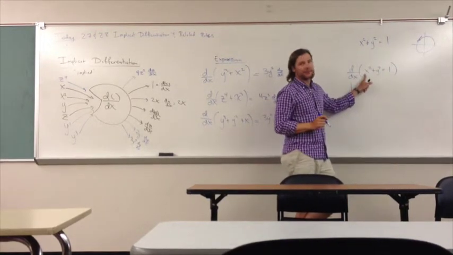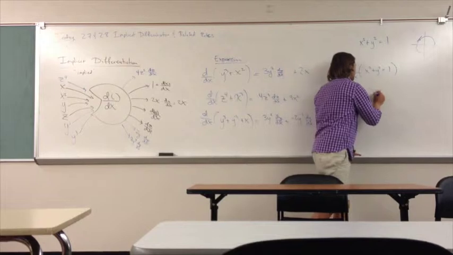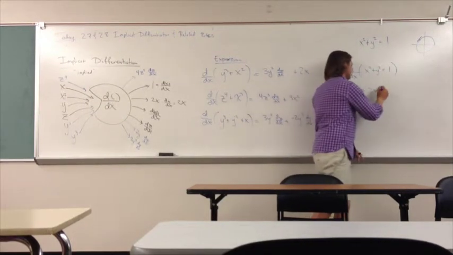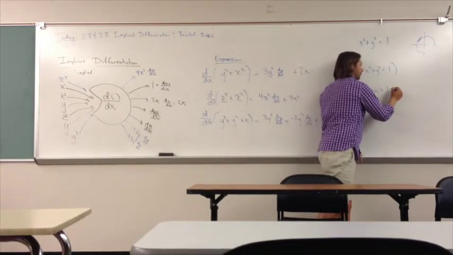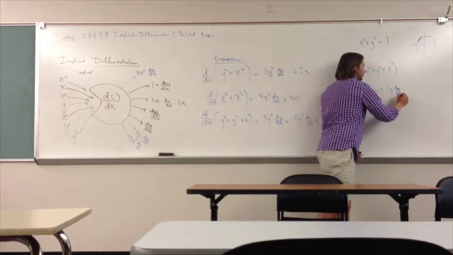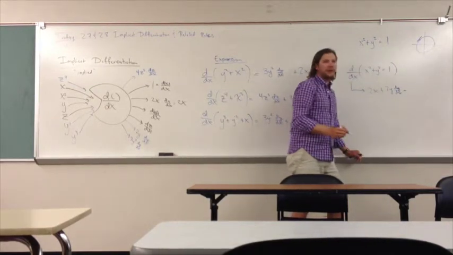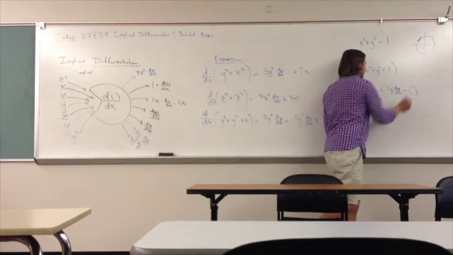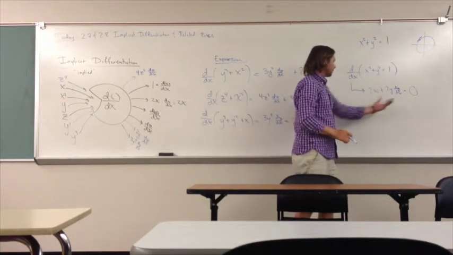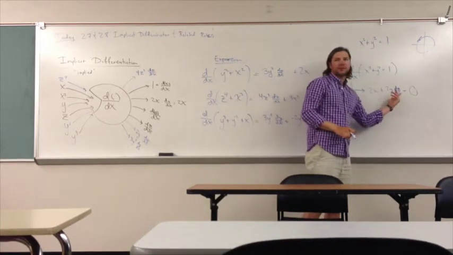What's the derivative of x squared? 2x. What's the derivative of y squared? 2y dy dx. Derivative of 1, 0. So I haven't solved for the derivative yet, but I do have a derivative showing up.